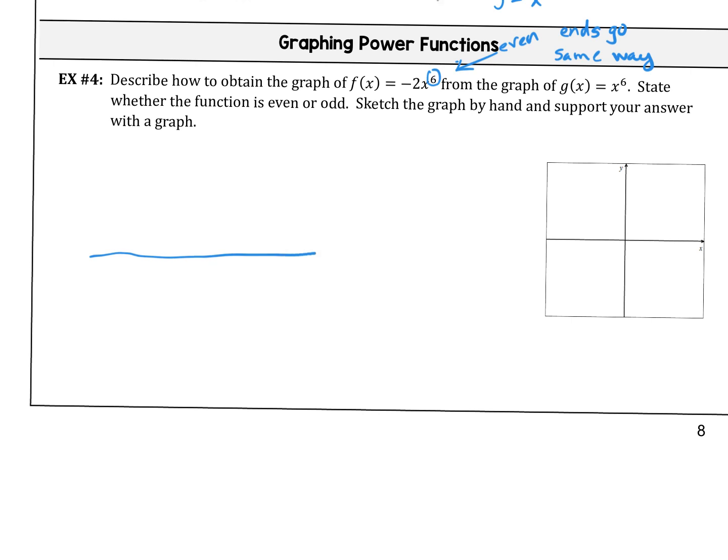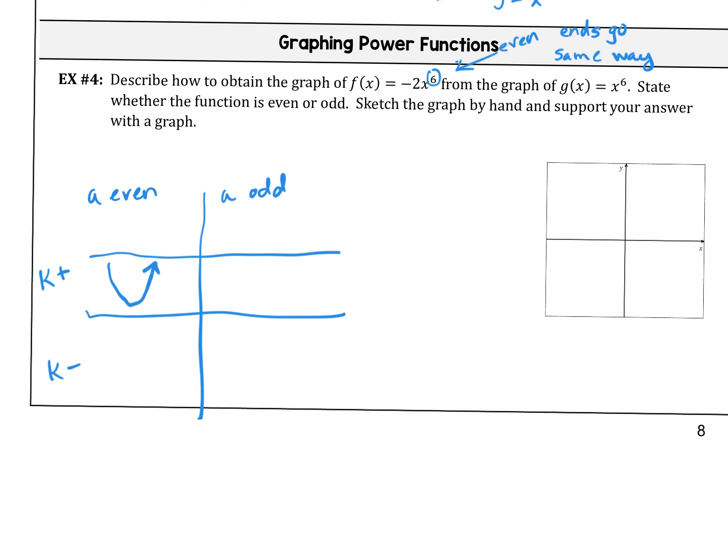There are 4 possibilities, aren't there? So if A is even, or A is odd. K is positive, K is negative. So if K is positive and A is even, the graph will look like this.